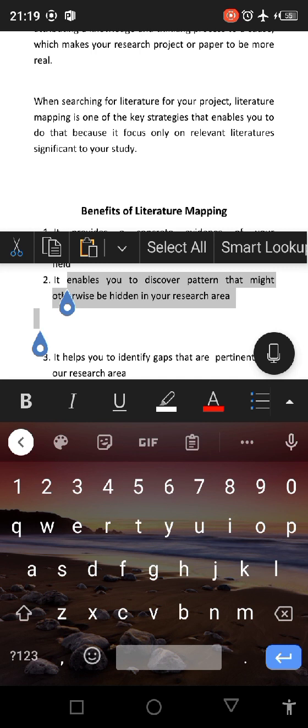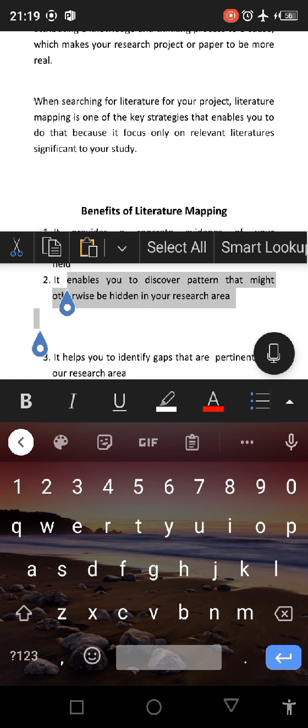You see, after you have structured your research topic, it is not possible for you to know at a glance everything that has already been written in your area of interest. It is not possible. You can only know that with the help of a literature map.